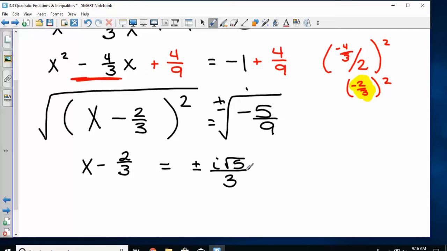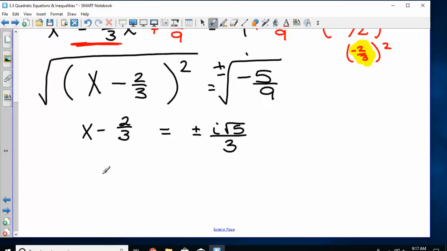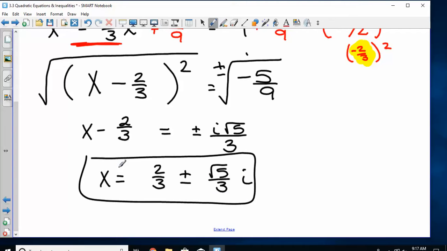You can put it out in front or off to the side, either way. Add your 2/3 over, so then you could write it as the I radical 5 over 3 or radical 5 over 3 with the I out to the side. It doesn't matter either way. Yes, Bill?